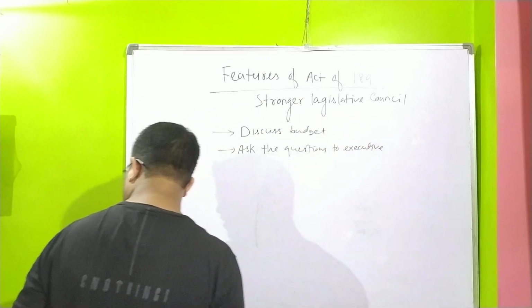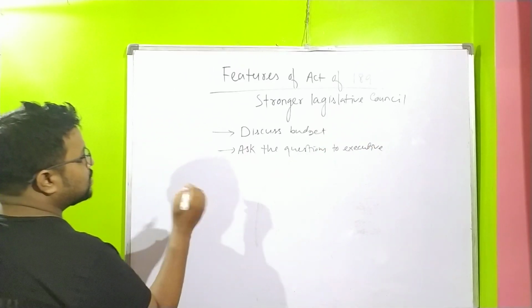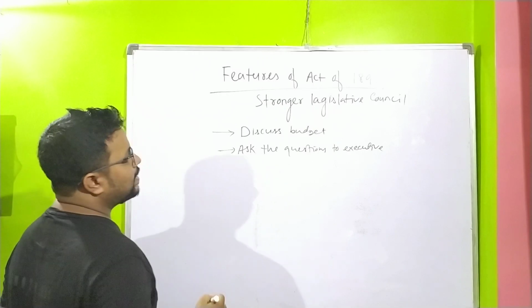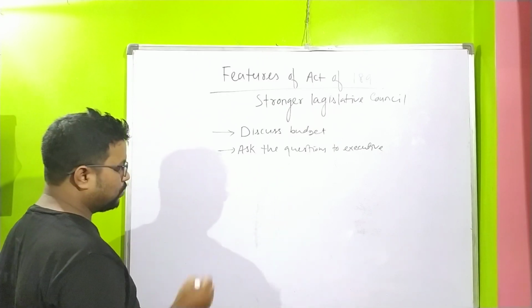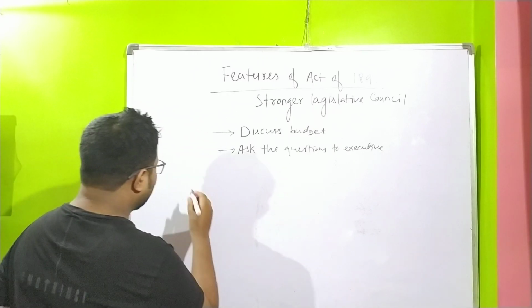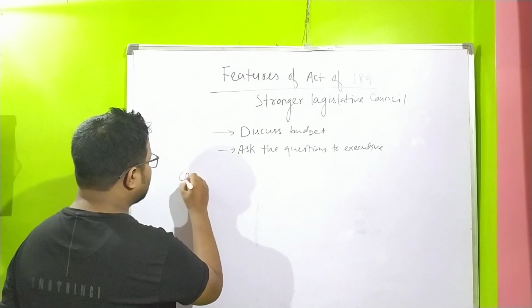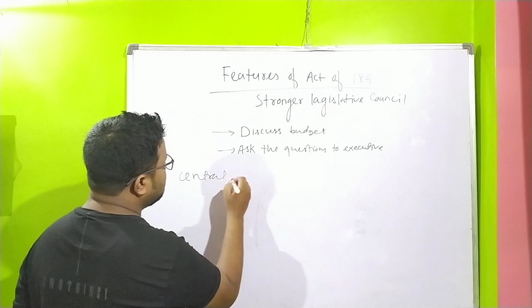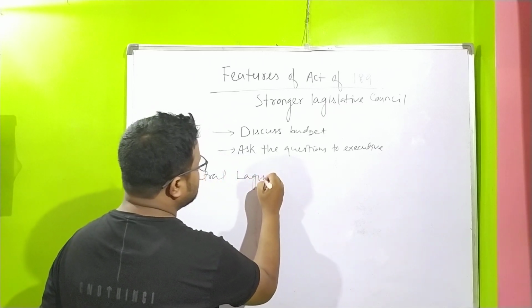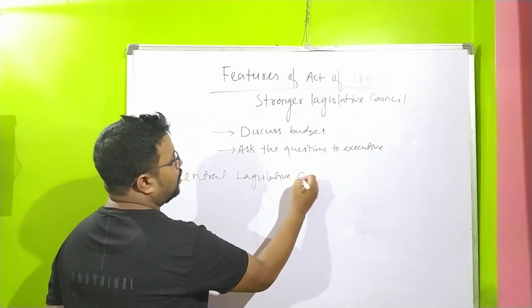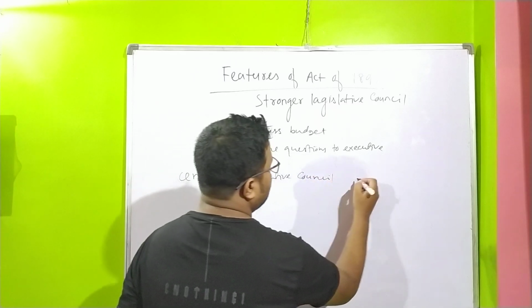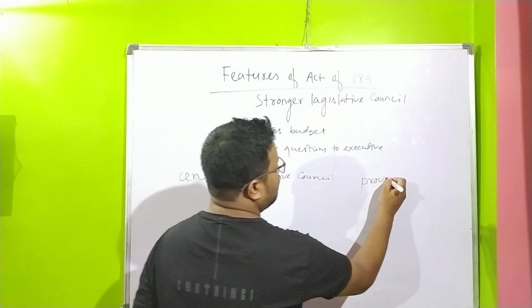Besides this, one major provision in the Act of 1892 is what you have to know. There are two types of legislative council: the Central Legislative Council and the Provincial Legislative Council.